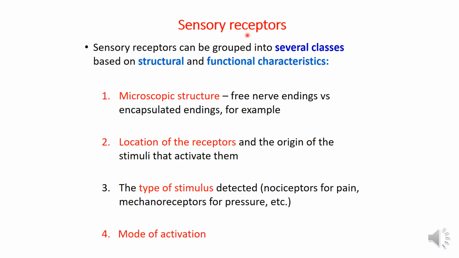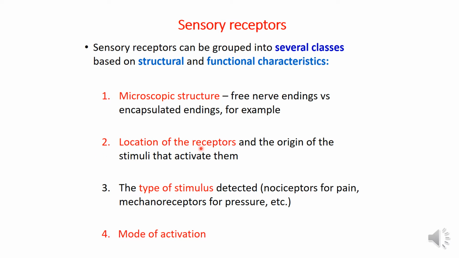We have different types of receptors that can be classified according to their microscopic structure, their shape, or their location, or the type of the stimulus or the mode of activation. According to their shape, we have free nerve endings, encapsulated receptors, and ciliated receptors.